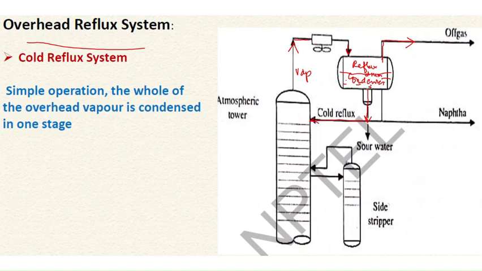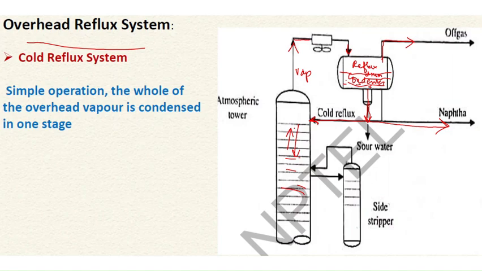So some amount of this heavier cut is also useful. It is a lighter cut only in comparison to other heavier cuts. So this is cooled, and this is basically the naphtha. Some amount is taken off as naphtha, and a portion of the naphtha is given back as cold reflux into the tower top for better contact with the liquid portion and better fractionation.